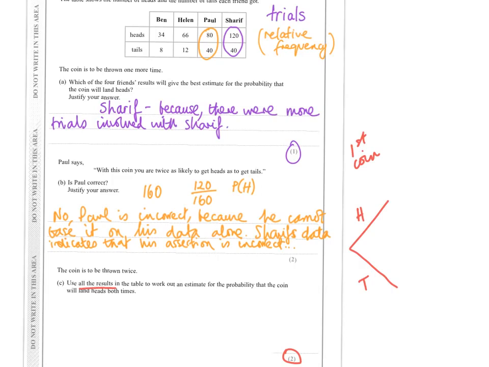Now, the probability based on all the data is if you'd have to add up all of these together. So that's the total number of trials by all 4 people. And if you added 120, 80, 66 and 34 together, you would get 300. And if you added the tails together, you would get 80 and 12 and 8 would be 100.